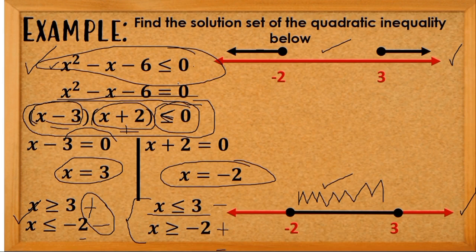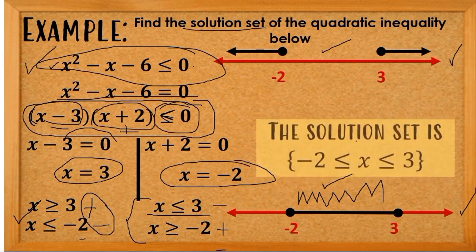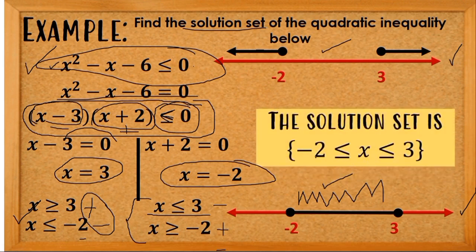So therefore, if you write the solution set as a set, how do we read this? x is greater than or equal to negative 2 but less than or equal to positive 3. This is how finding the solution set of a quadratic inequality works.